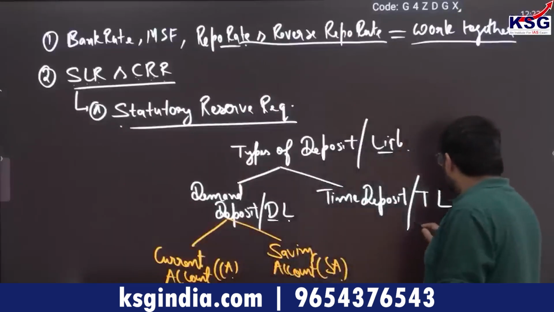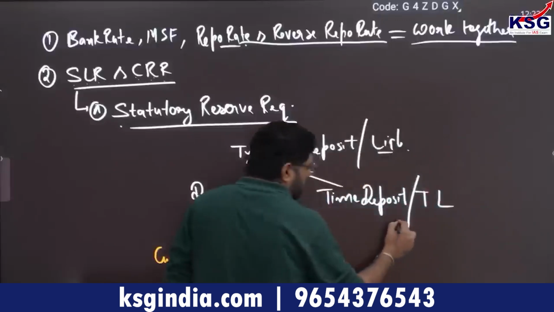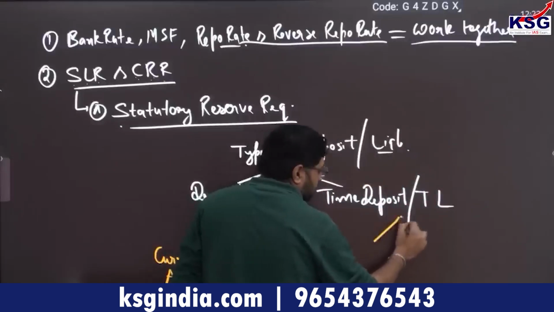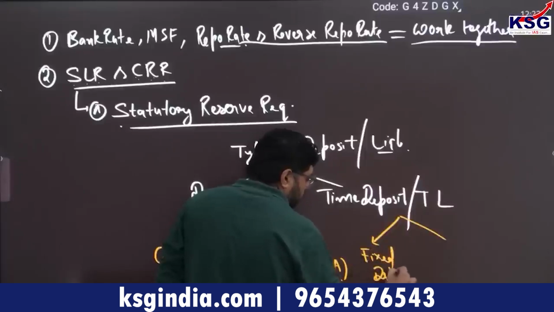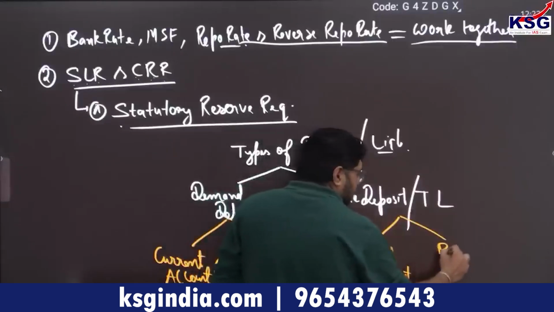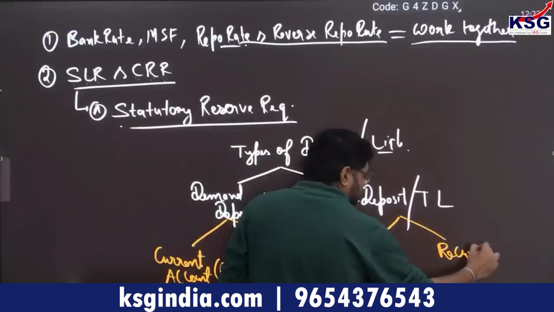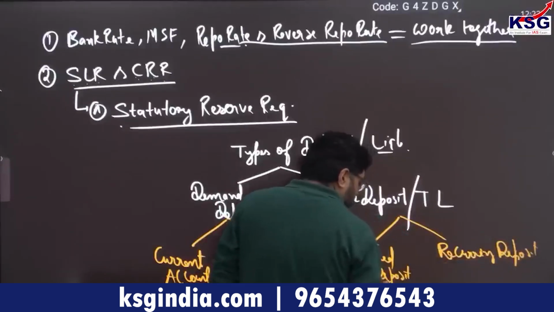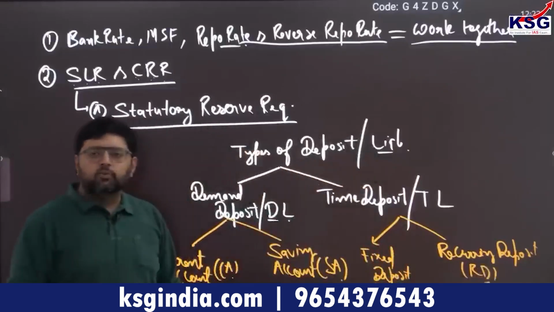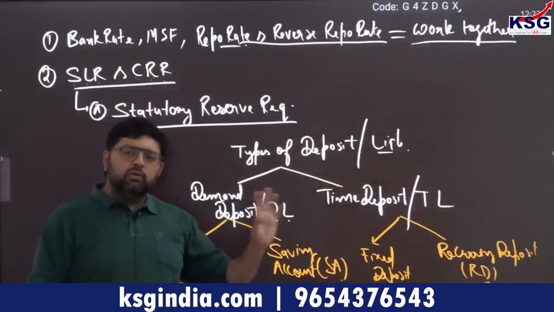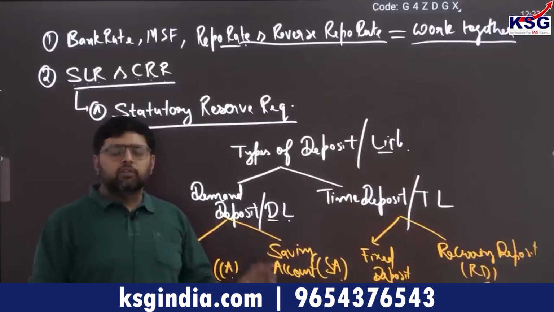Similarly, when it comes to time deposit, there is fixed deposit and there is recurring deposit. Fixed deposit is FD and recurring deposit is RD. Suppose you have 5 lakh rupees with you and you want to put it in the bank for, for example, 3 years.